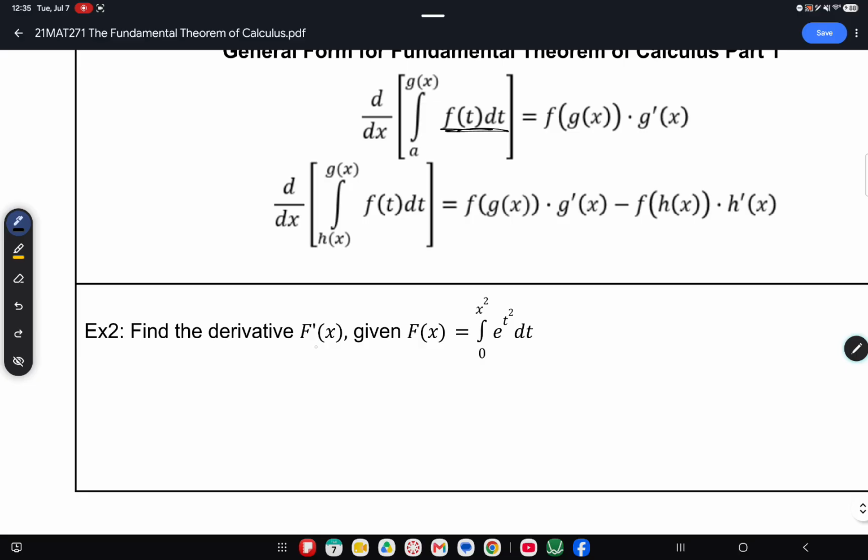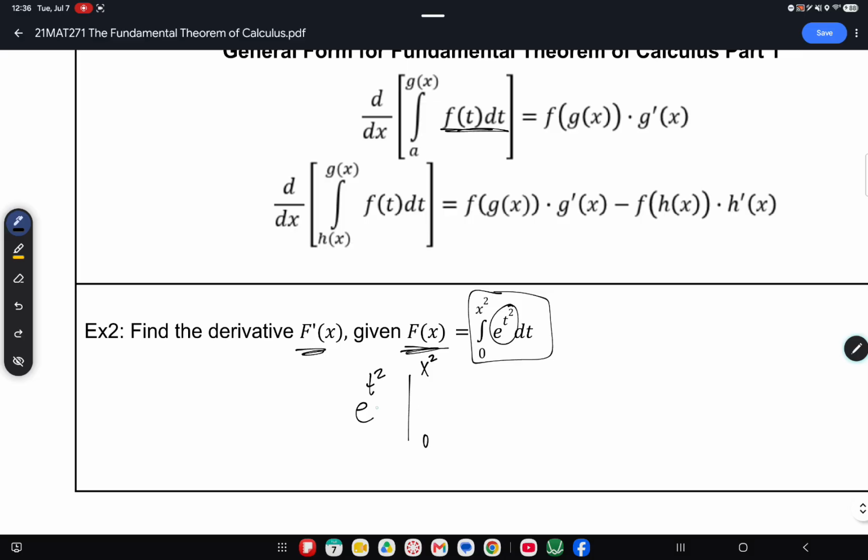So find the derivative if our function is this integral, right? So normally the derivative of the antiderivative is just going to be this piece, right? So it's just going to be e to the t squared. And then we're going to evaluate that from 0 to x squared, which is just like substituting it in.